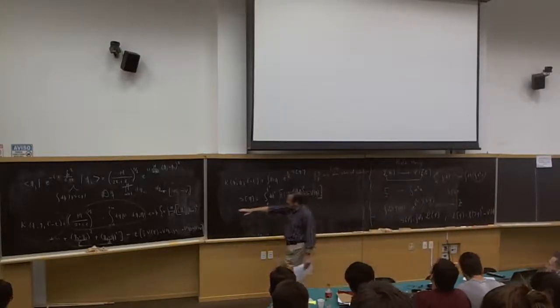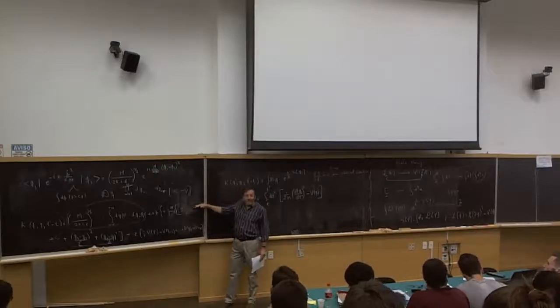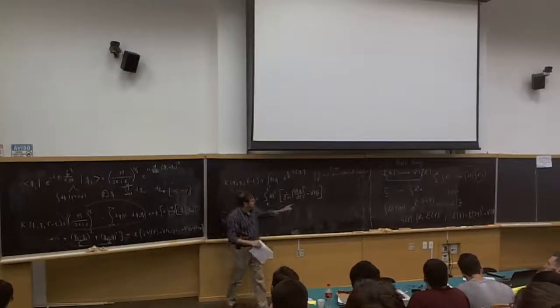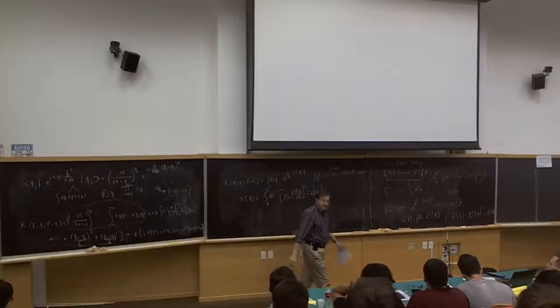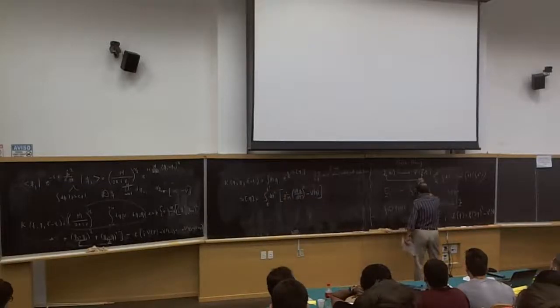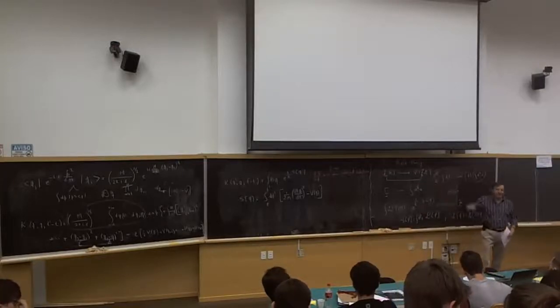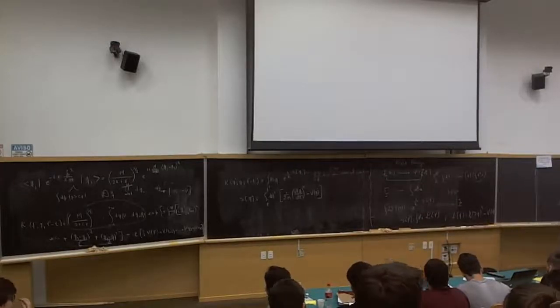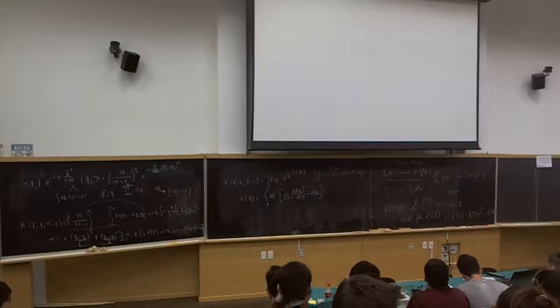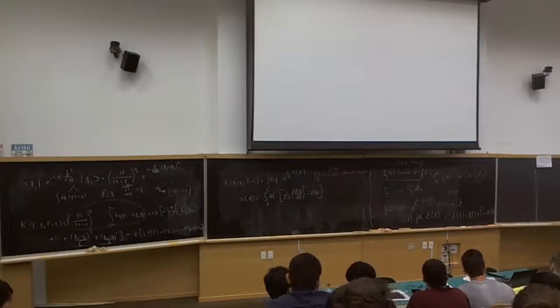I have to sum over different alphas now, and the discrete sum over alpha is the integral. Oh, sorry. That was your question, right? Sorry. You know, I want to get these things through.